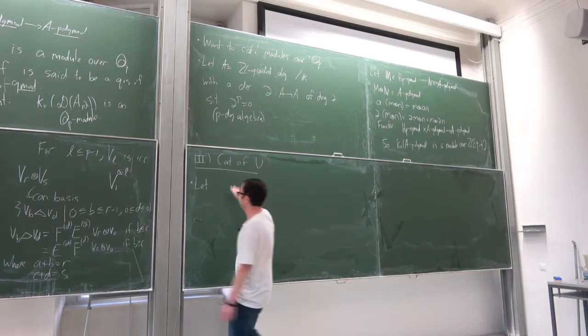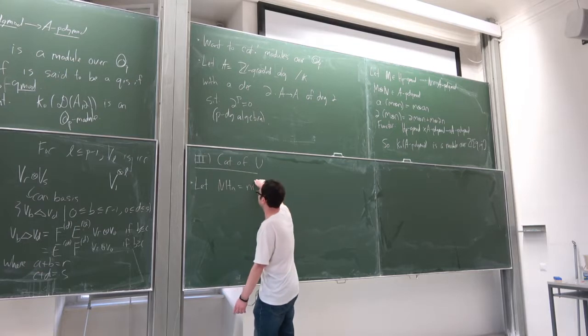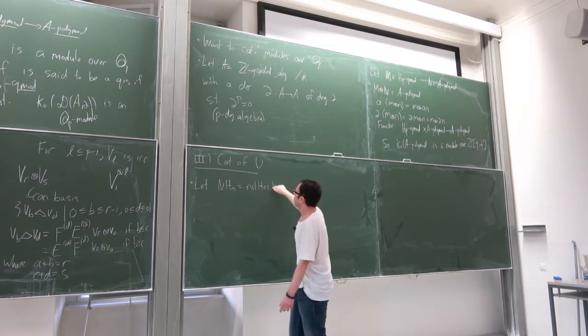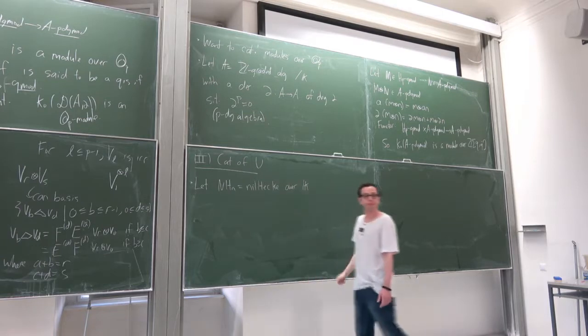Let's use slightly different notation. So this is the nil-Hecke algebra over our field of characteristic p.